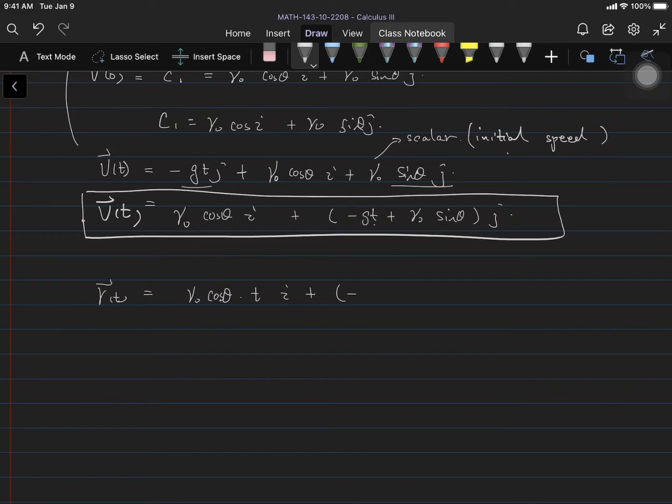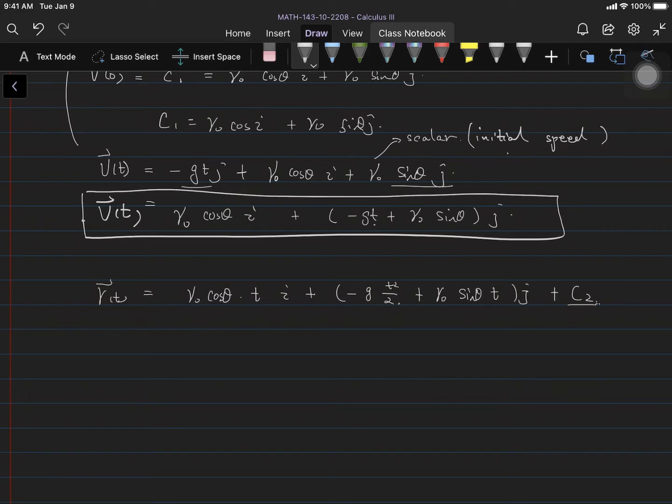And here for the j term, the integral of t is t squared over 2. So negative g times t squared over 2, plus v0 sine theta t, j, and plus c2, because we did the integral and we need to put c2.